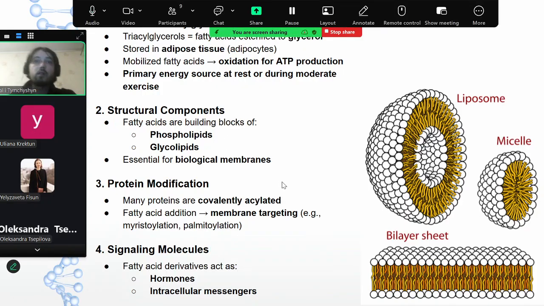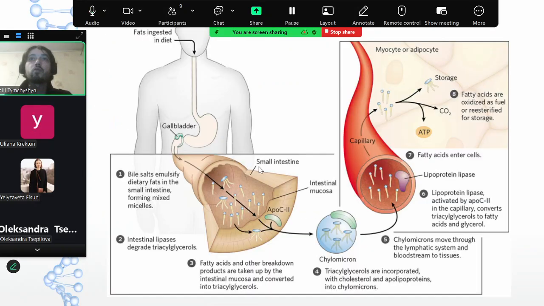What else? Some proteins may be covalently acylated, like adding some fatty acids to the protein to modify it, maybe to help it anchor to the membrane and to let it stay in the membrane. And we are using some fatty acid derivatives as hormones or intracellular messengers, so they may be used for some sort of signaling.